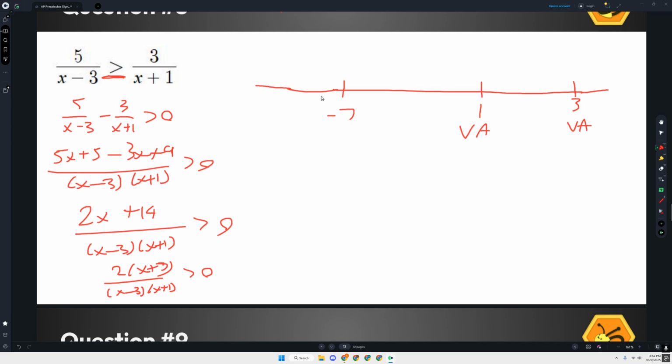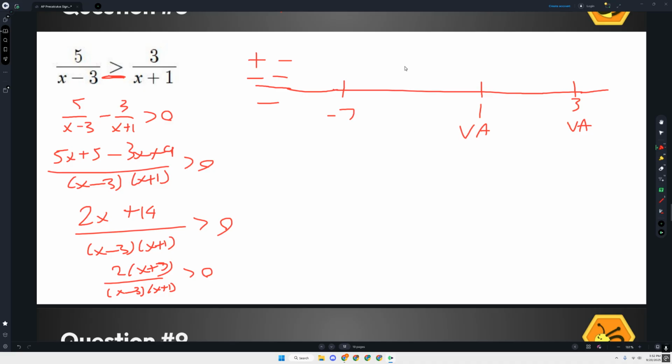So we're going to test the value to the left of negative 7. What's the value to the left of negative 7? Negative 10. So that would make it positive, negative, negative, negative, which would make a negative.